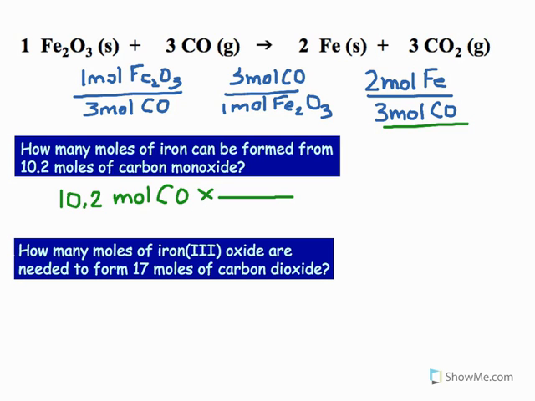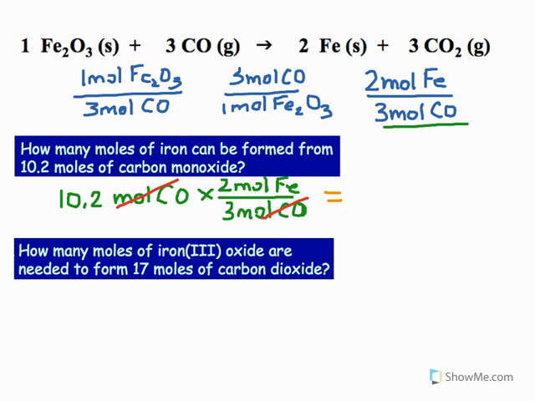If you notice, this ratio is set up perfectly because the 2 moles of iron is in the numerator, and I've got 3 moles of carbon monoxide in the denominator, and that works out perfectly for my purpose because I only want moles of iron when I'm done. Since I've got a mole of carbon monoxide in the numerator and another one in the denominator, those 2 units will cancel out, leaving me with only moles of iron.